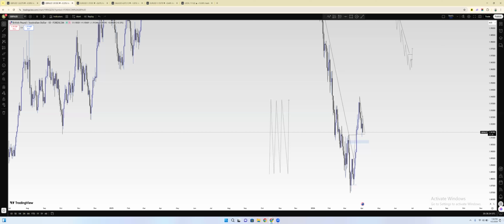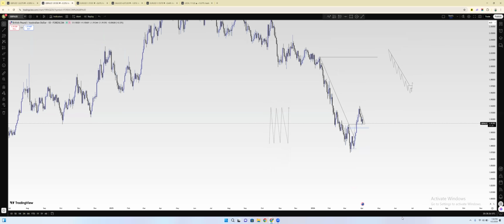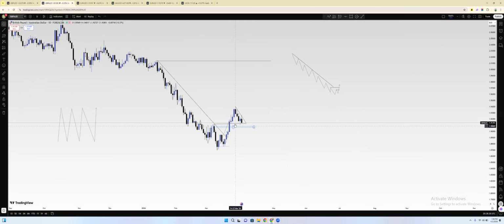I waited for the pullback, which was the liquidity. You can see the liquidity here. See the candle that caused the market structure shift. This is my liquidity. My liquidity took out the candle body and also the wick. So this is a valid liquidity here.